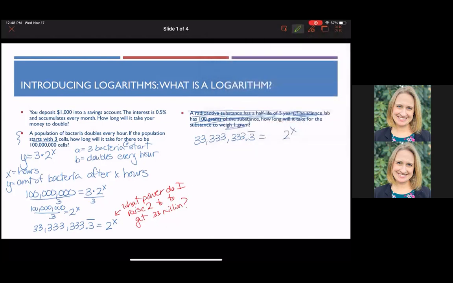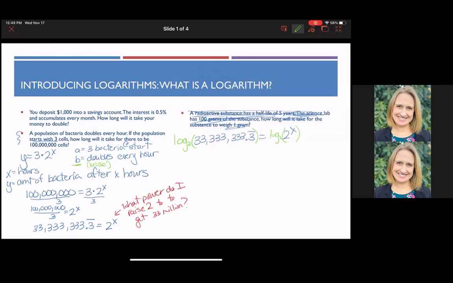Let's use green. And so what we do to get that out of the exponent is we take the log, and it's 2 to the X. So the base of the exponent is 2. That's our B here. I can even call that our base.